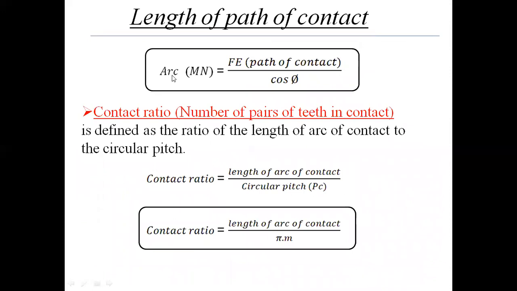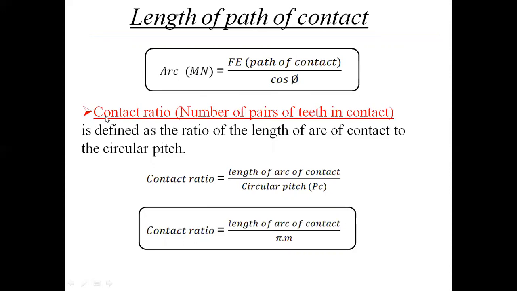So the actual formula for length of arc of contact is equal to path of contact divided by cos phi. That is the formula to find out the length of arc of contact MN.